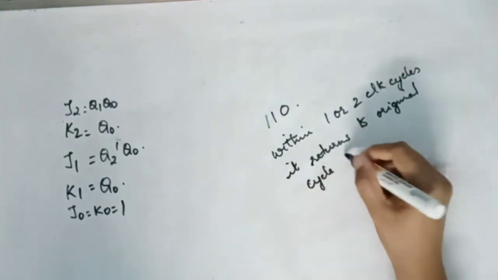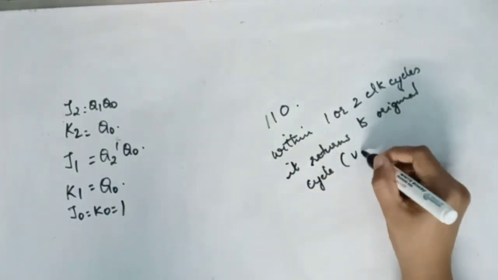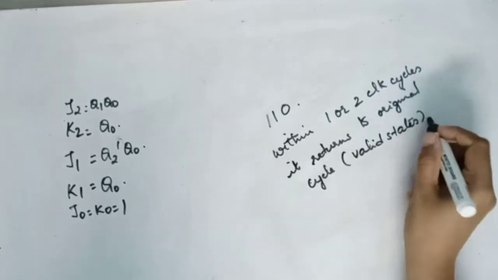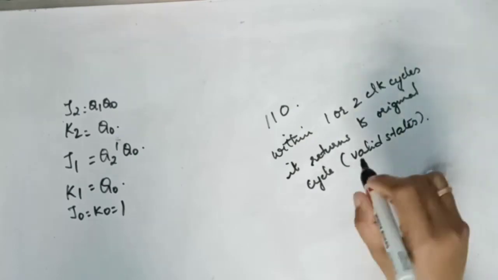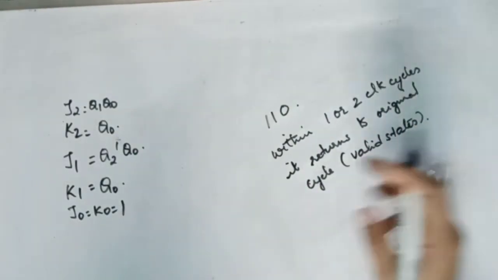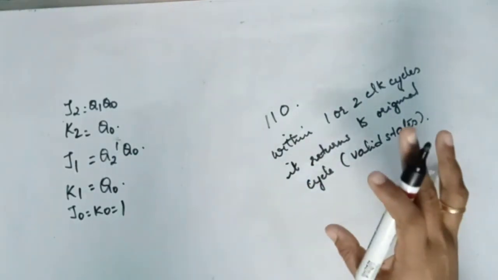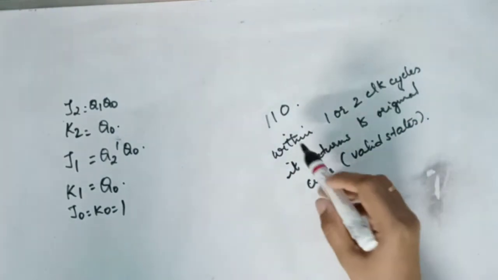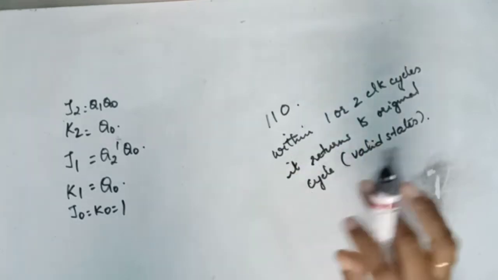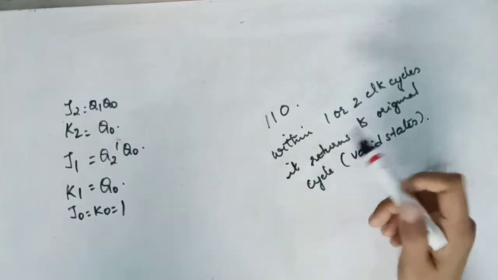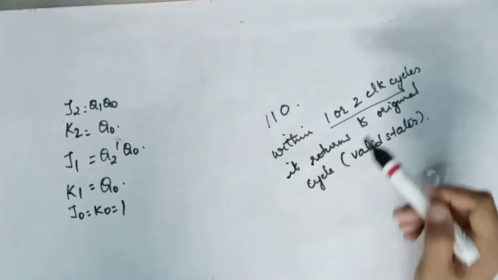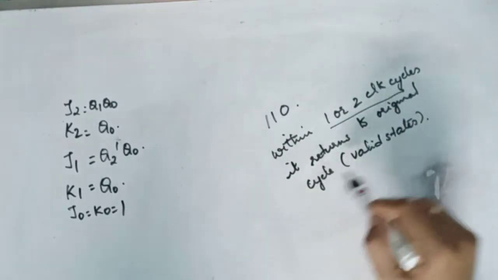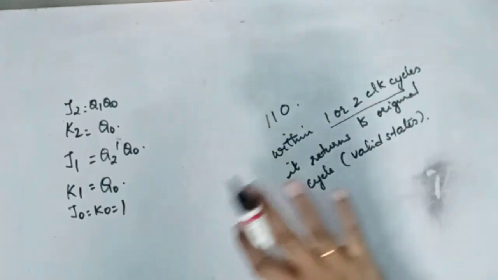Original cycle means to one of the valid states. Then it's okay. In between the working of the counter, if an invalid state comes in, it's okay. But within 1 or 2 clock cycles, it should return to the actual sequence. Then the counter has no issues.